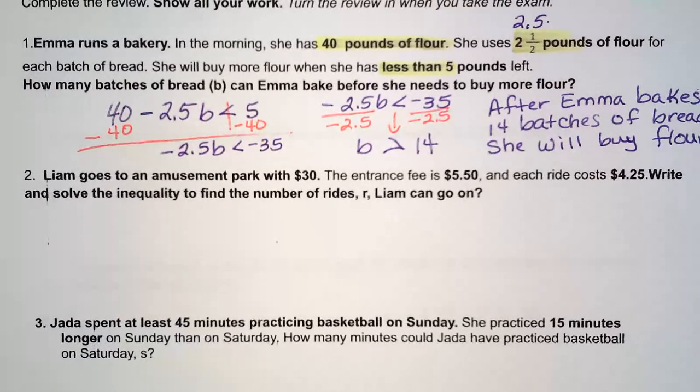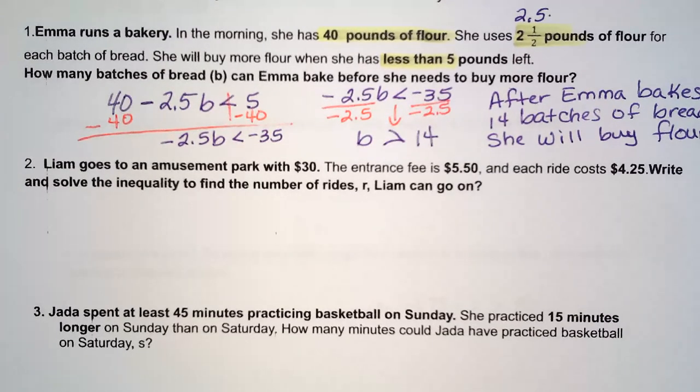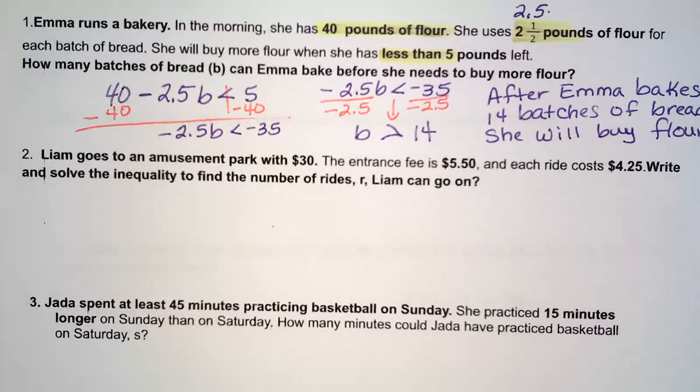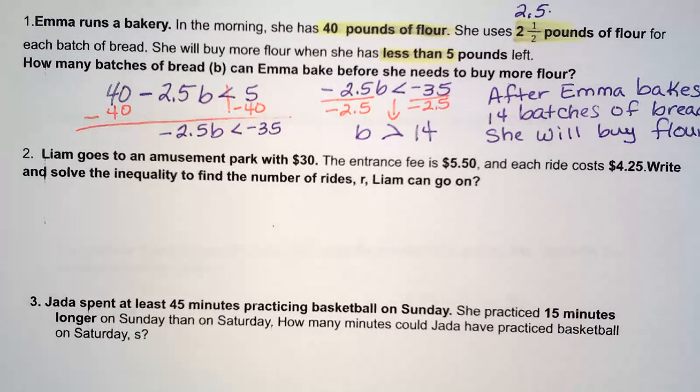Okay, Liam goes to an amusement park with $30. The entrance fee is $5.50. Each ride will cost $4.25. Write and solve the inequality to find the number of rides R Liam can go on. Liam goes to an amusement park with $30.